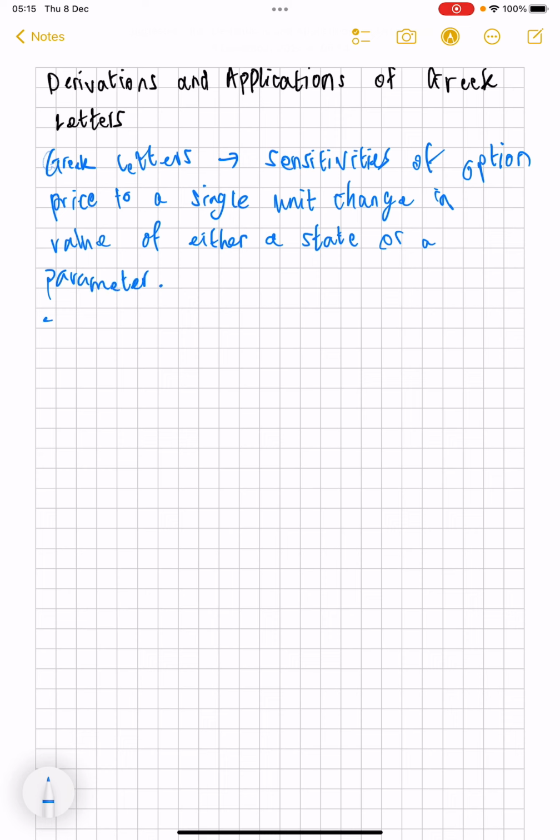Okay, so they represent different dimensions to the risk in an option.